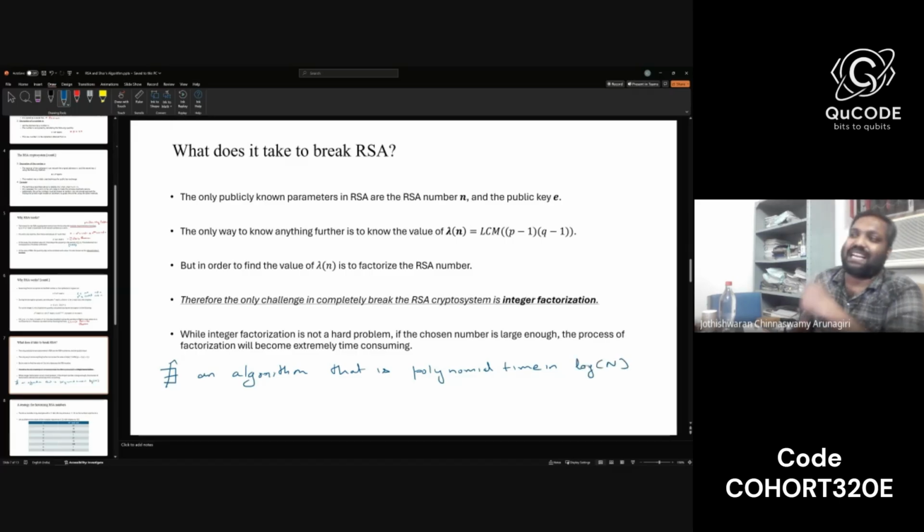So if I need to factorize an integer n, I can say small n itself, because that is what we are working on. That is what we are using here.